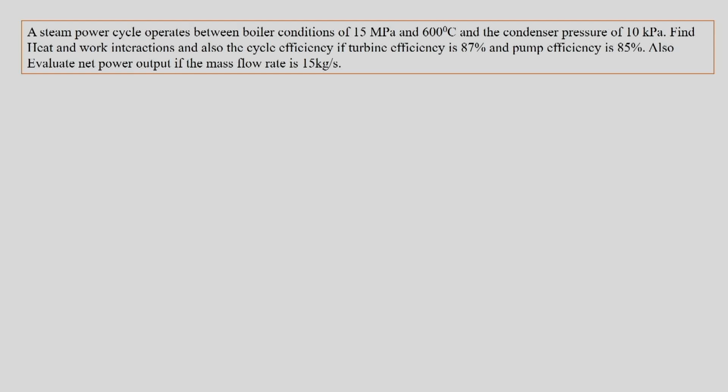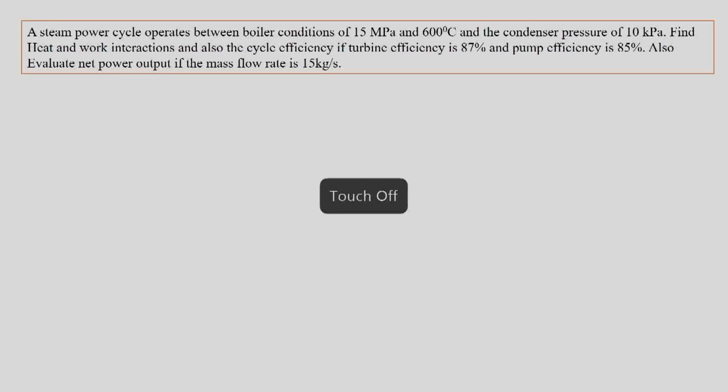Evaluate net power output if mass flow rate is 15 kg per second. This example is reverse. In earlier example, mass flow rate was to be found out and total power output was given. Here we have to find out total power output and we are given with mass flow rate.